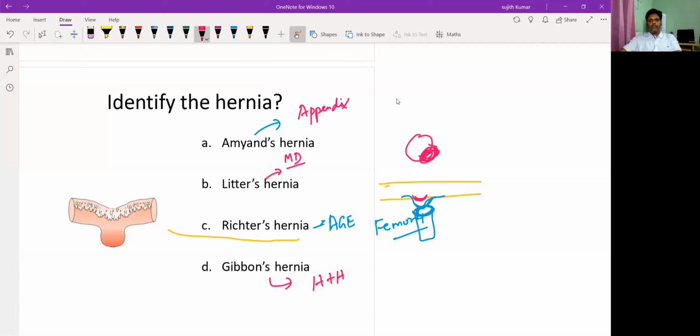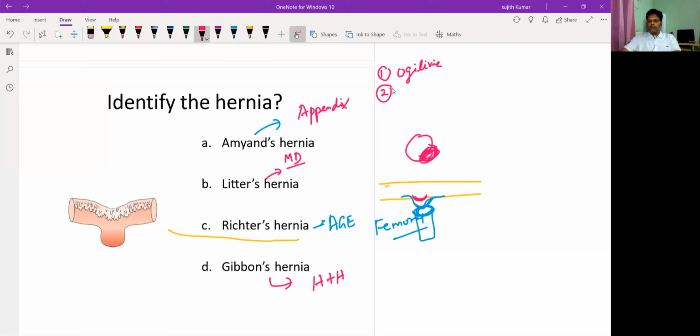Okay, so I will ask some questions, just answer. This is question number 1. What is Ogilvie hernia? You can put the answer in the chat box. What is Ogilvie's hernia?